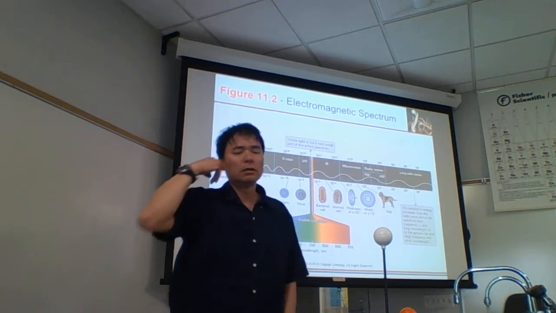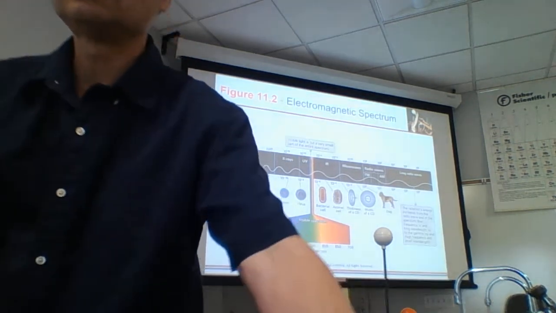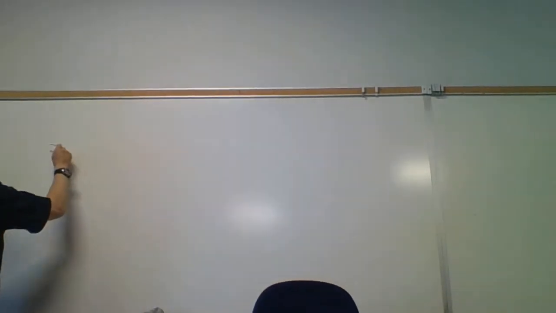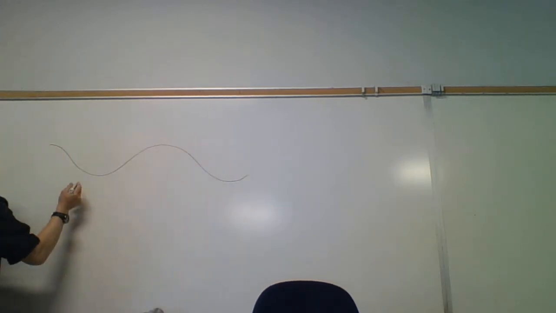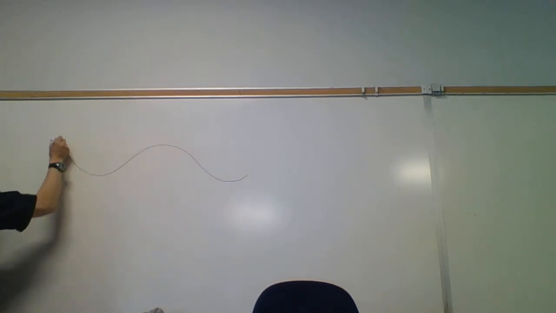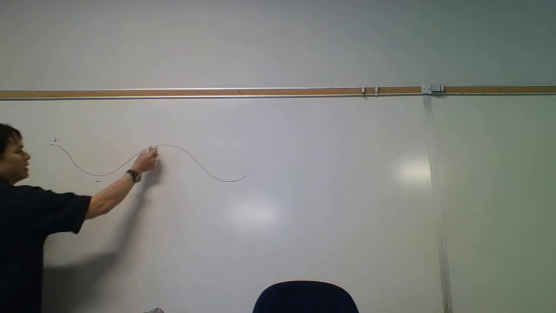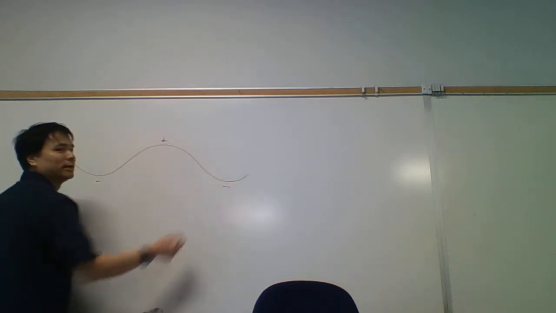What an oscillating electric field does is it oscillates like this. The electric field's oscillating, so it goes, let's say, plus, minus, minus.